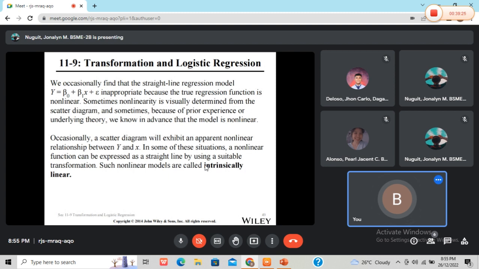Sometimes nonlinearity is visually determined from the scatter diagram, and sometimes because of prior experience or underlying theory, we know in advance that the model is nonlinear. Occasionally, a scatter diagram will exhibit an apparent nonlinear relationship between y and x. In some of these situations, a nonlinear function can be expressed as a straight line by using a suitable transformation. Such nonlinear models are called intrinsically linear.